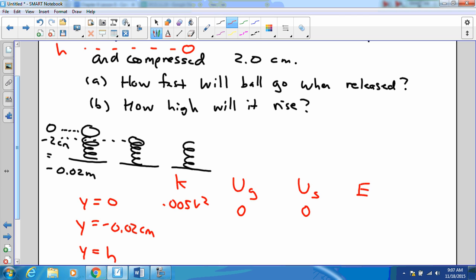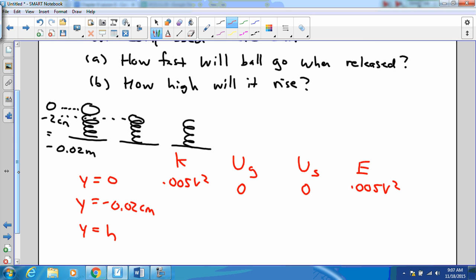Because this is the chosen 0 point, automatically my potential energy for gravity is 0, my potential energy for the spring is 0, and all that I have, energy-wise, at that point is a kinetic energy of 0.005 v squared. What about at negative 0.02 meters? Right when I take the hand away, I have no kinetic energy. My ball is very briefly stopped.